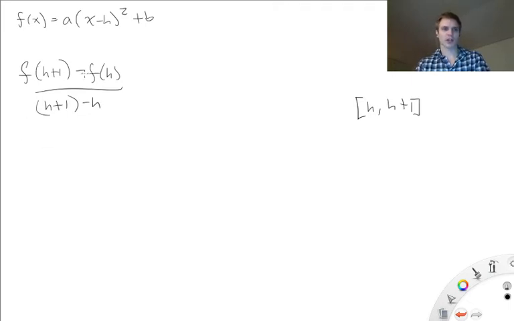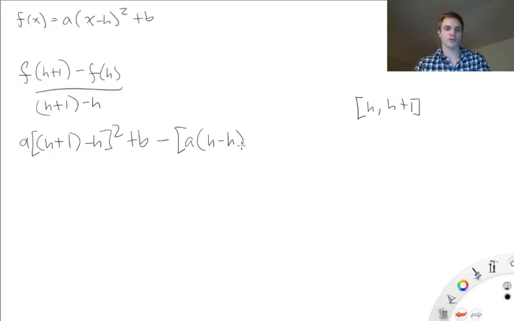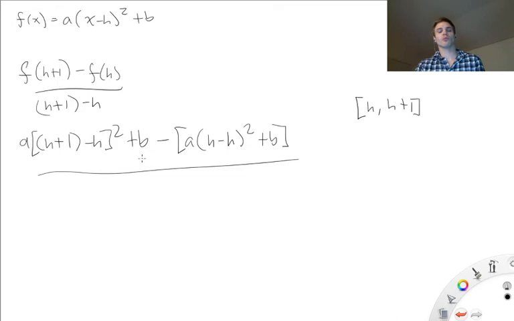And so let's expand this numerator. f of h plus 1 is a times the quantity of h plus 1 minus h squared plus b, minus f of h, which is a times the quantity of h minus h squared plus b, all over h plus 1 minus h, which is just 1.